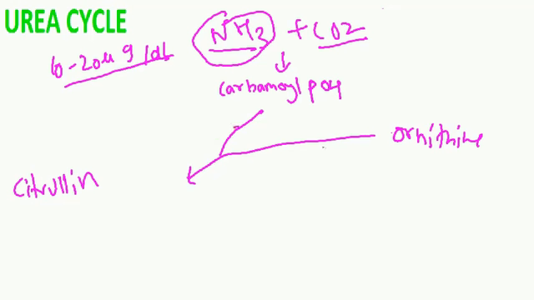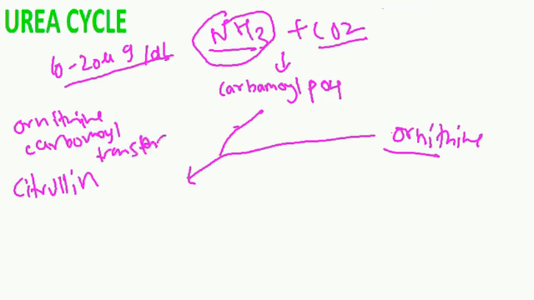As ornithine is involved and carbamoyl is involved, ornithine carbamoyl transferase, and we get citrulline here. This enzyme is also known as ornithine transcarbamylase.